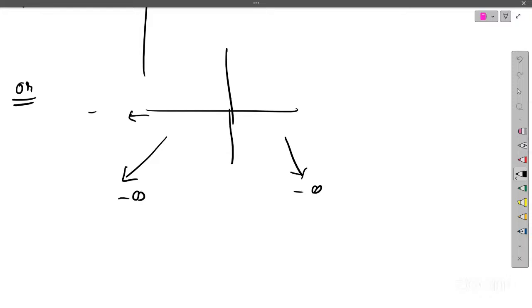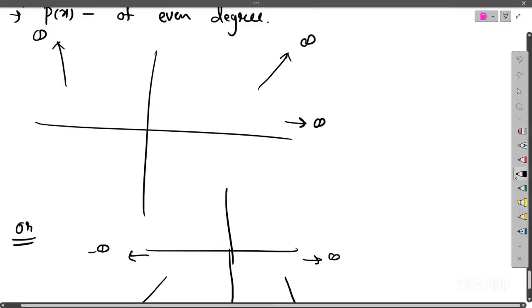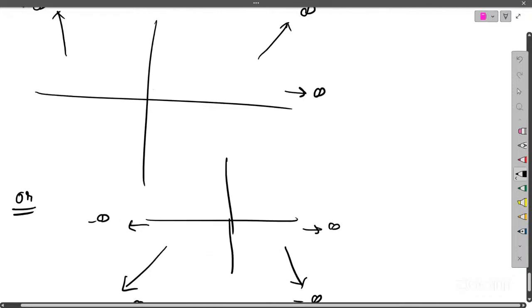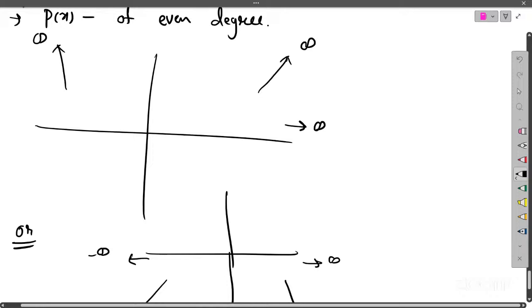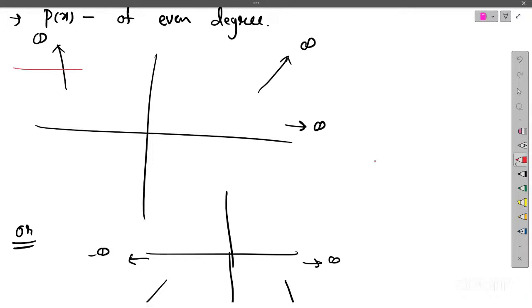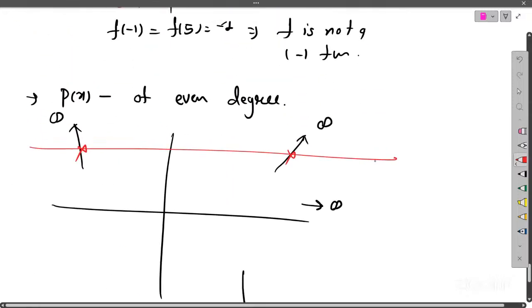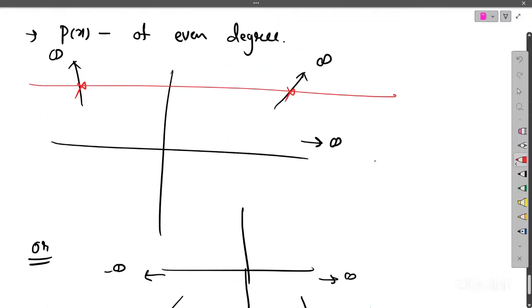Whenever x goes to minus infinity or x goes to infinity, these two scenarios can happen for an even degree polynomial. We know this by week 4, right? So in that case, it is always possible to find a horizontal line which can intersect the graph of the polynomial more than once. We can always find such a line. So whenever we have an even degree polynomial, we can say that this polynomial is not a 1-1 function. And again, polynomials are functions, so you can say that this function is not a 1-1 function.